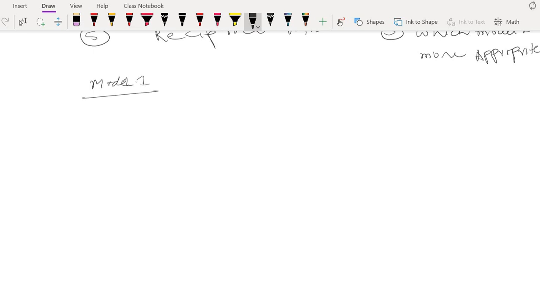Suppose I have an equation like y equals A into labor raised to the power alpha and capital raised to the power beta, times e raised to the power u.